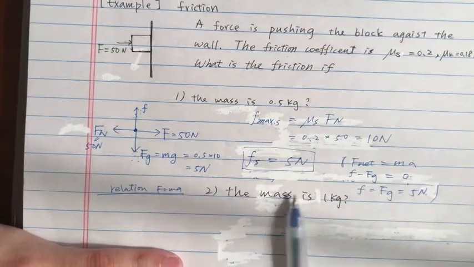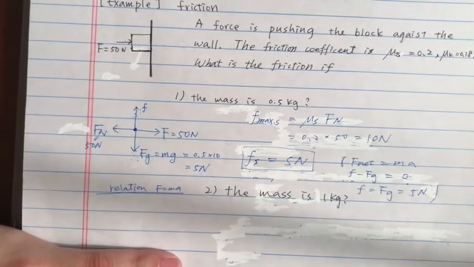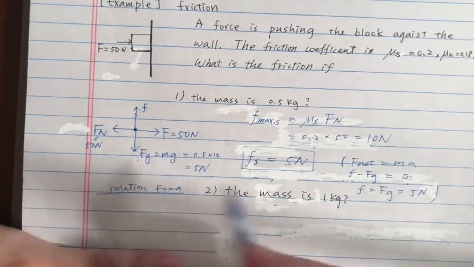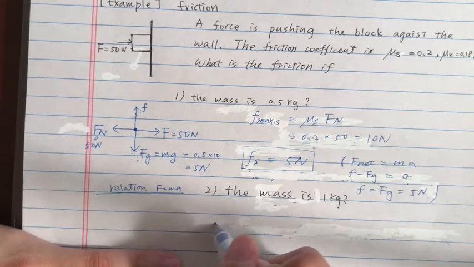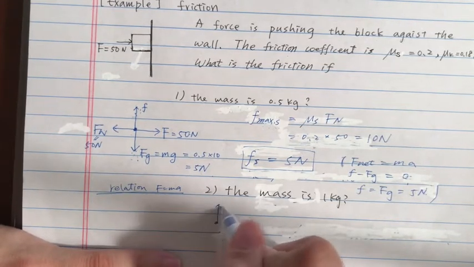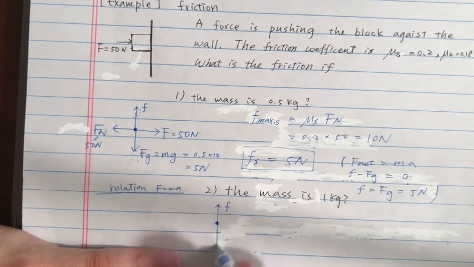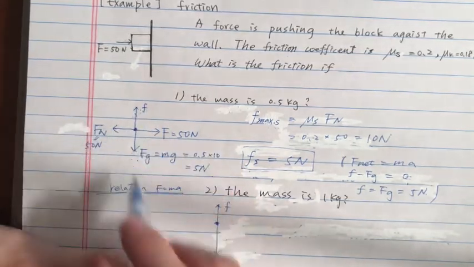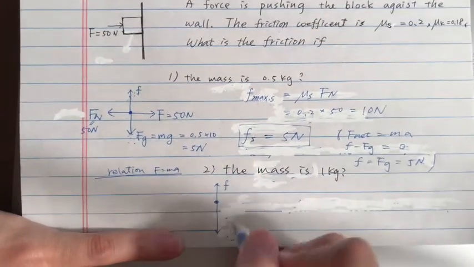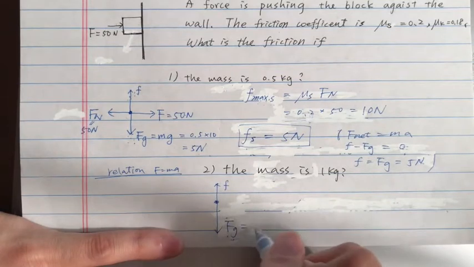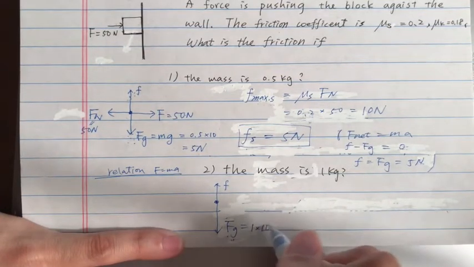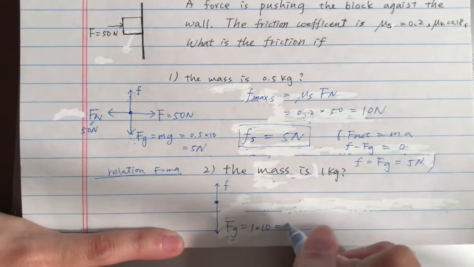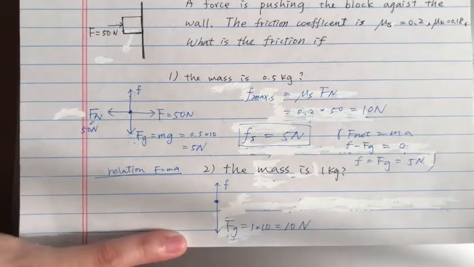Let's see what happens if the mass is 1 kilogram. Which means in the free body diagram in the y direction, the gravitational force would be 1 kilogram times g, which is 10 Newtons.